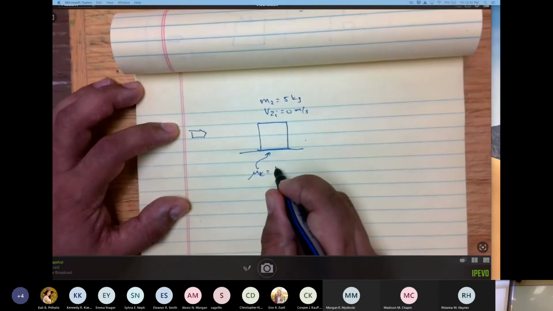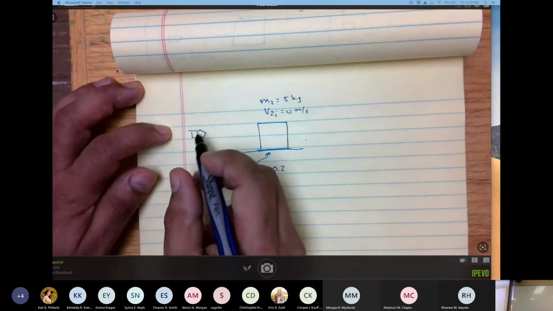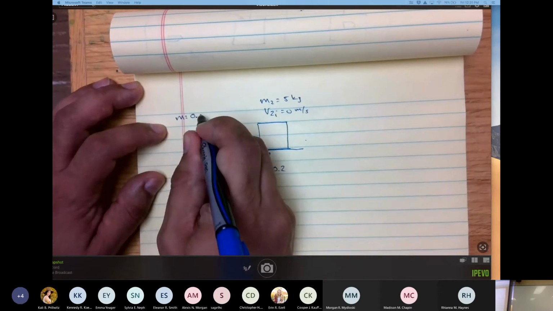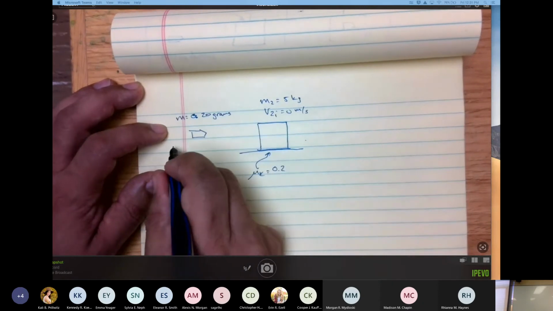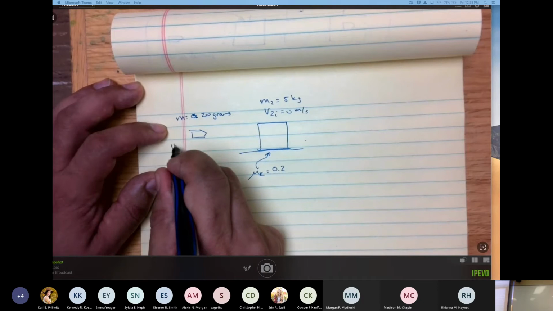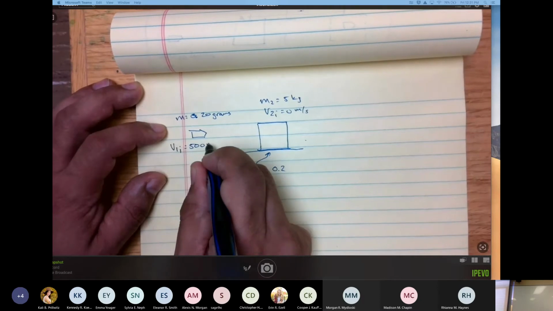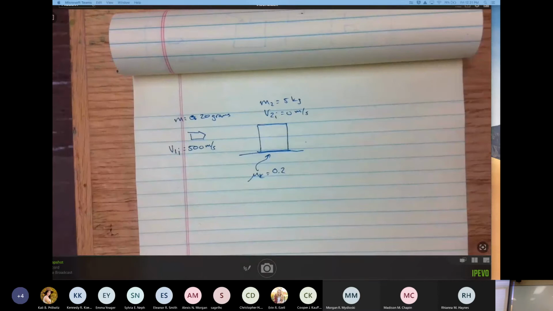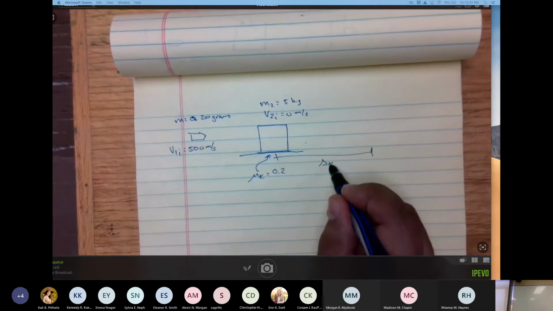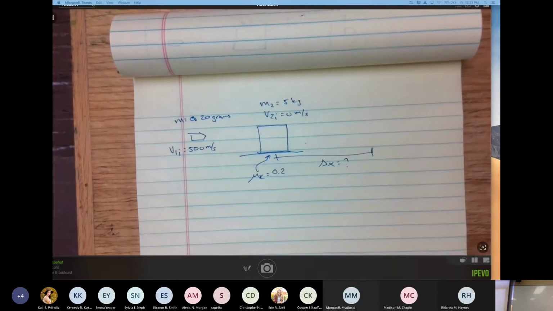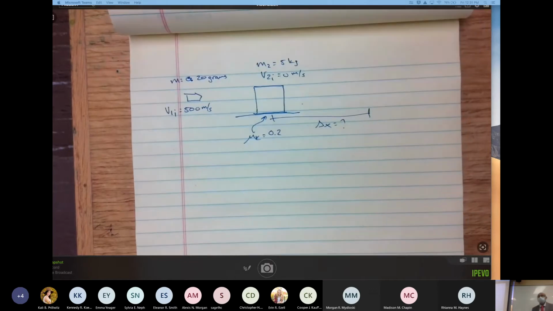The mass of the bullet is going to be 20 grams, and the velocity of the bullet is going to be 500 meters per second. Okay? And what I want to find out is how much it moves, how much it is going to translate under these conditions. Okay? Make sense?